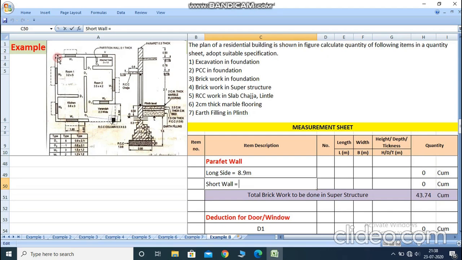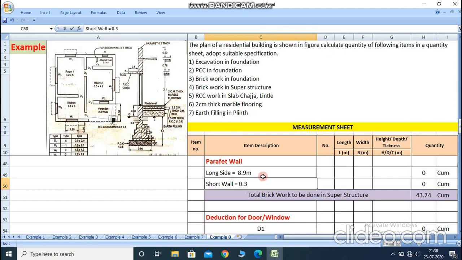So the summation is 0.3 plus 3.2. So it's the room size of 3.2. So right here 3.2, then 0.3 wall thickness, then 3.5. So the 3.5 we got from the room size, and wall thickness is 0.3.